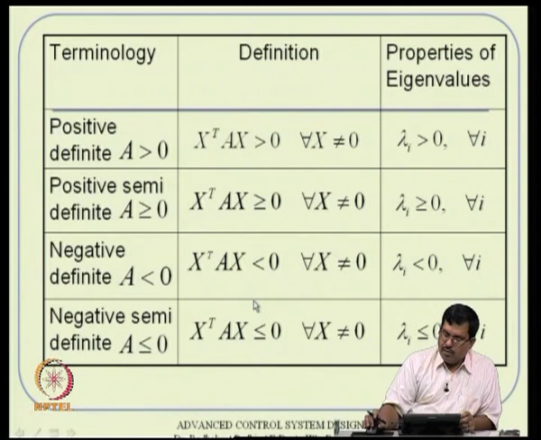Now, next concept: what are called positive definite and negative definite matrices. A matrix is called positive definite provided this property holds. If you take any non-zero vector x and compute x transpose A x, that is always guaranteed to be strictly positive.